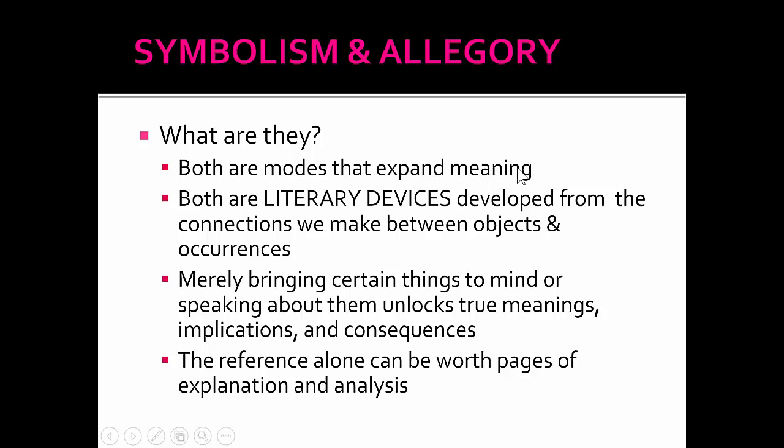So allegory and symbolism, if you want to think about it this way, because we can only write so many words going across, and people only want to read so many words going across, symbolism and allegory add depth this way. One word could mean so many more things and have these layers and layers of thickness to it.